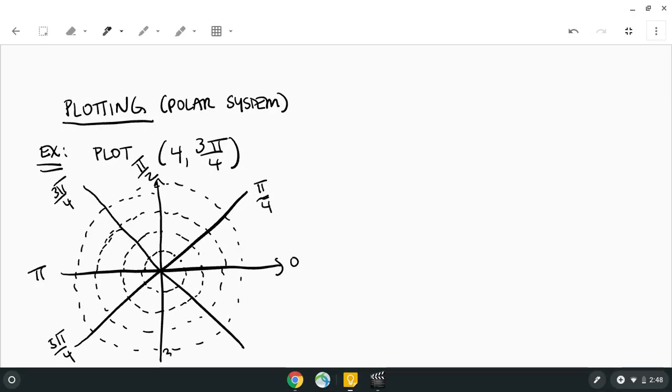This one is still 3 pi over 2. And this one is 7 pi over 4.